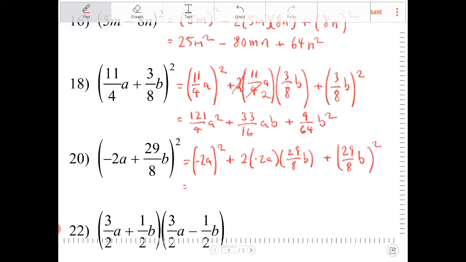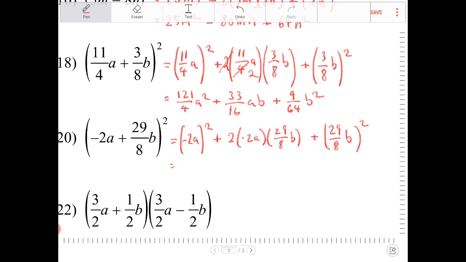And again, I'm going to go through and do a little bit of simplification here. This is going to be 4a squared minus, so 2 times 2 makes 4. 4 goes into 8 twice. So this is going to turn into minus 29 halves ab. And then plus 29/8 b squared.